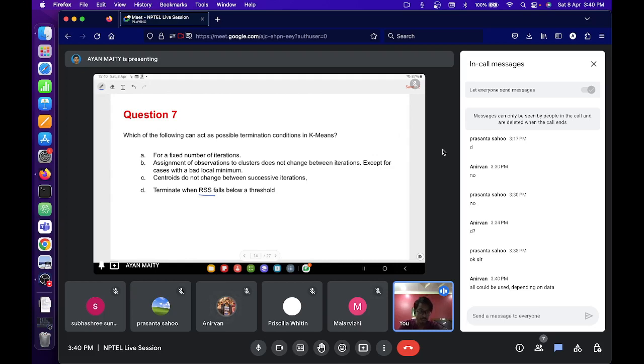Anirban says all could be used depending on data. Okay, that means all 4 options are correct, you are saying. Anyone else?